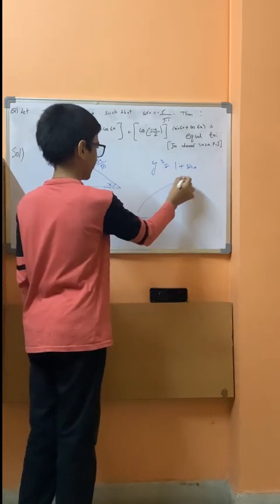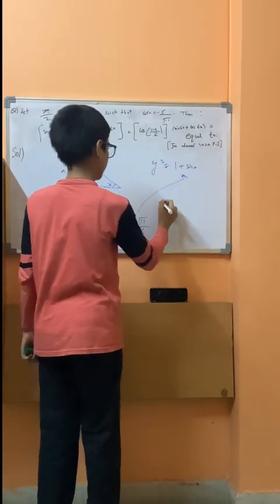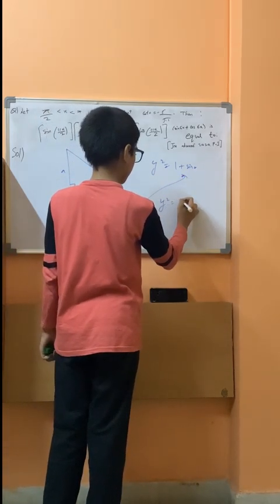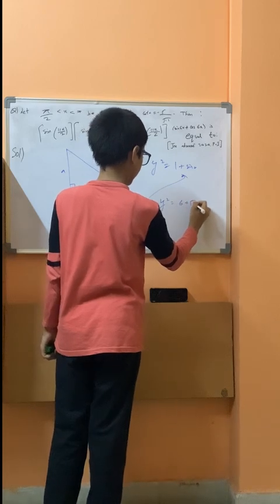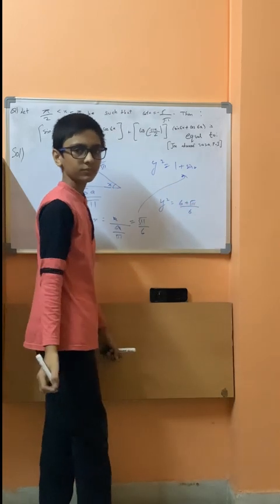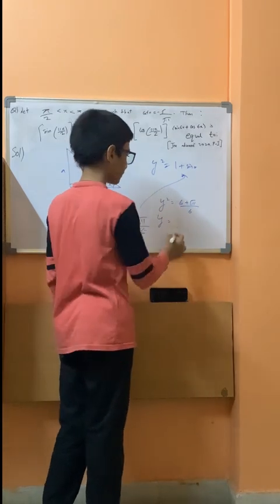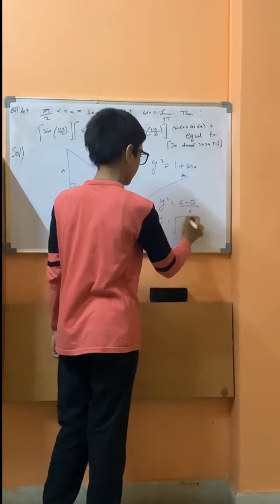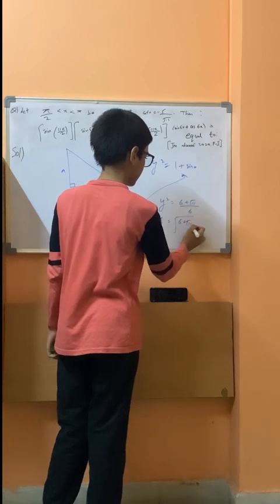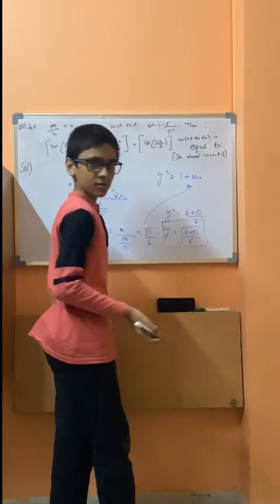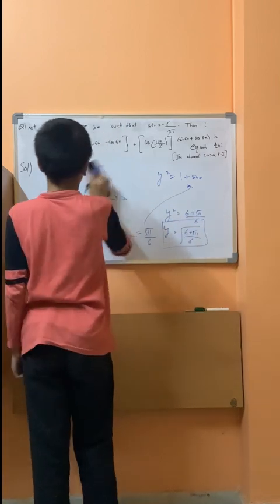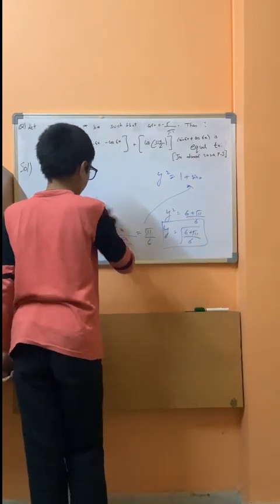We are going to use it over here. So y squared is 1 plus square root of 11 by 6. And from here we get y is square root of 6 plus root 11 by 6. So we get this.